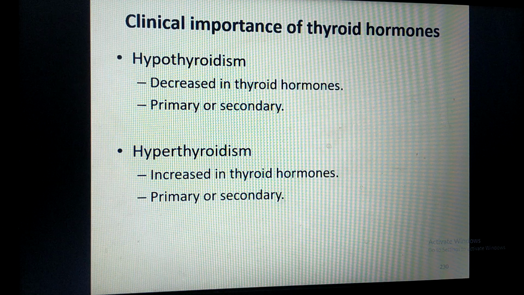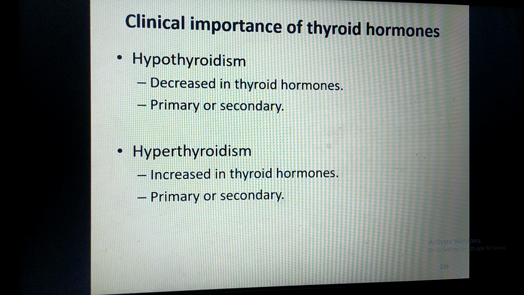Hyperthyroidism means there is an increase in the thyroid hormones. Again, it is of two types, primary and secondary. Primary hyperthyroidism means the thyroid gland synthesizes more thyroid hormones without stimulation. That means a defect in the thyroid gland. And secondary means there is increased stimulation of the thyroid gland by TSH, and more TSH is due to synthesis of more TRH.